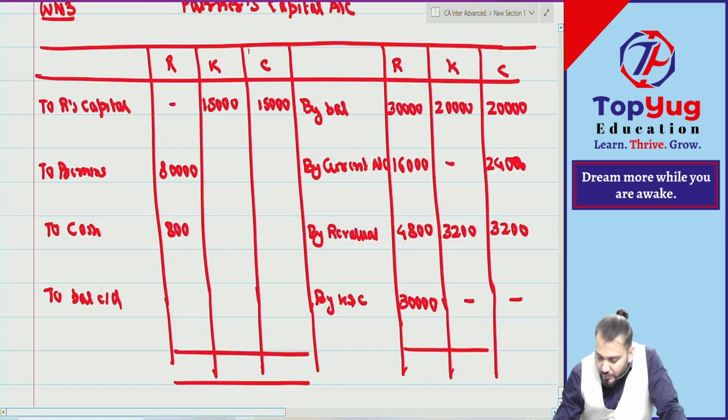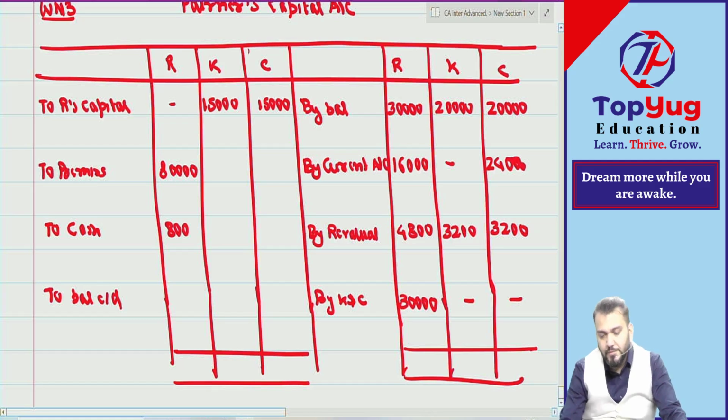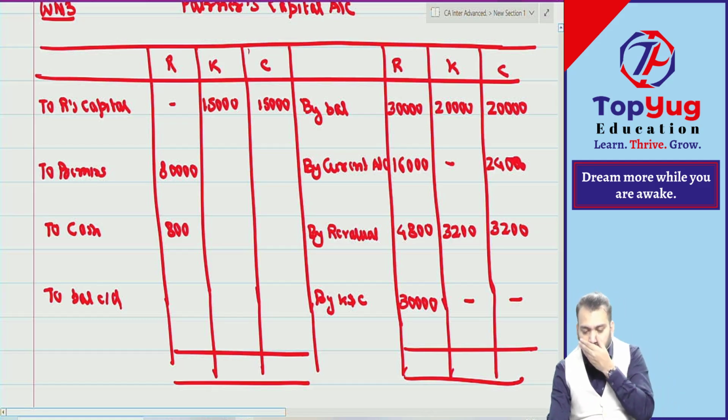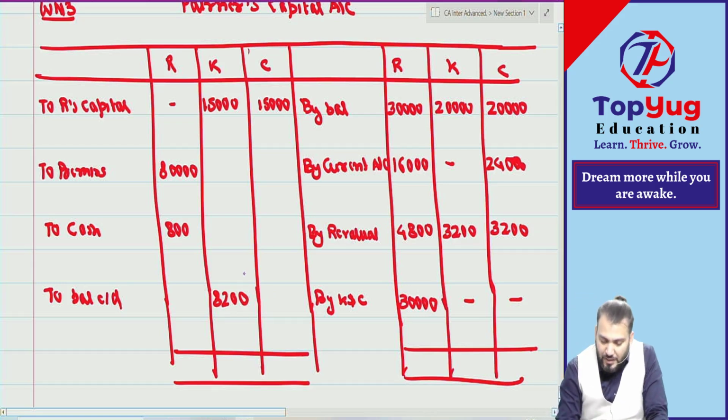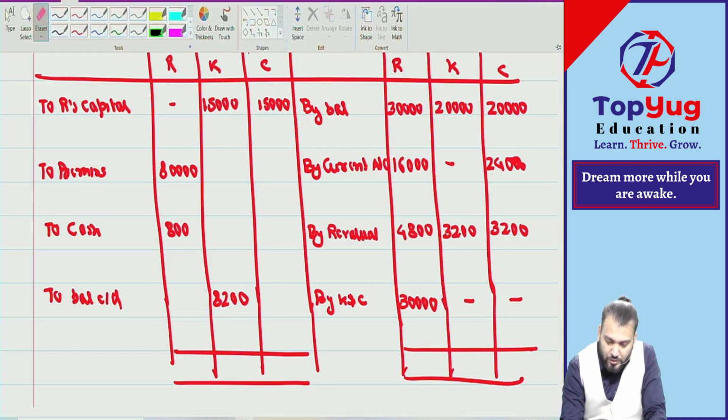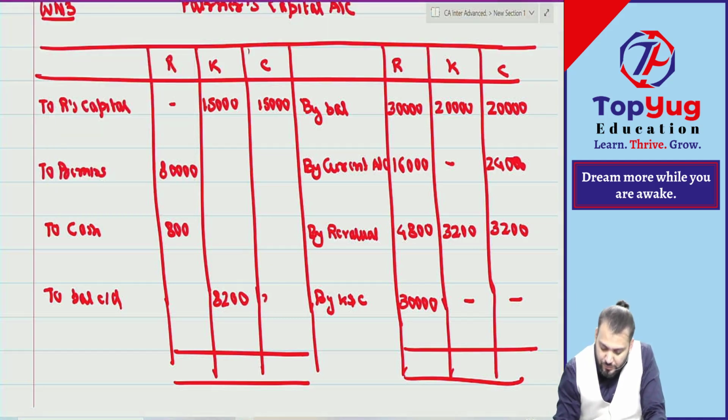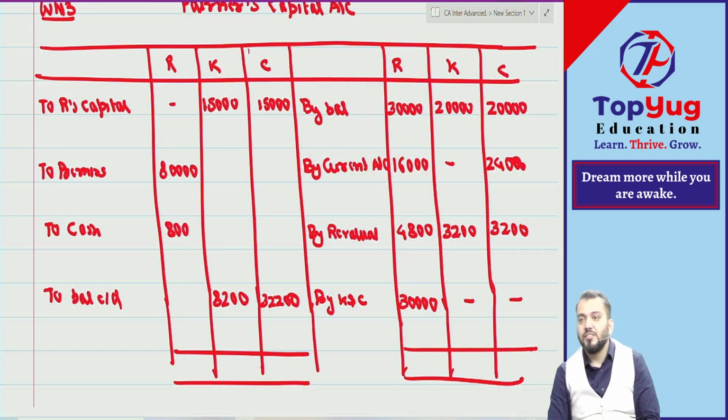Balance carried down: 8,200 and 25,000. 32,200. Done. Understood.